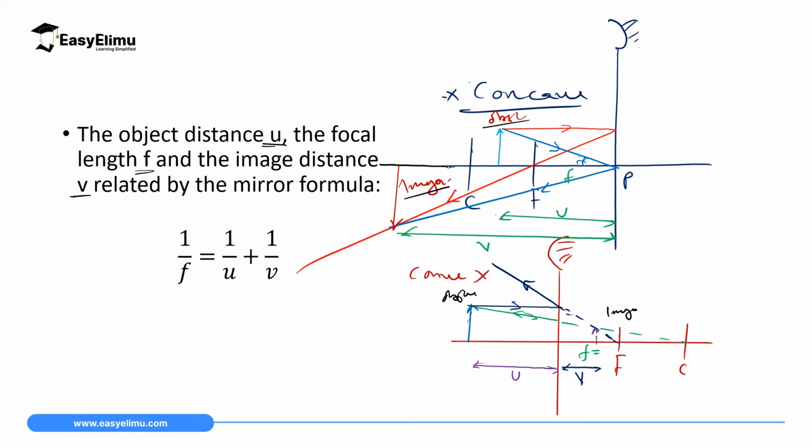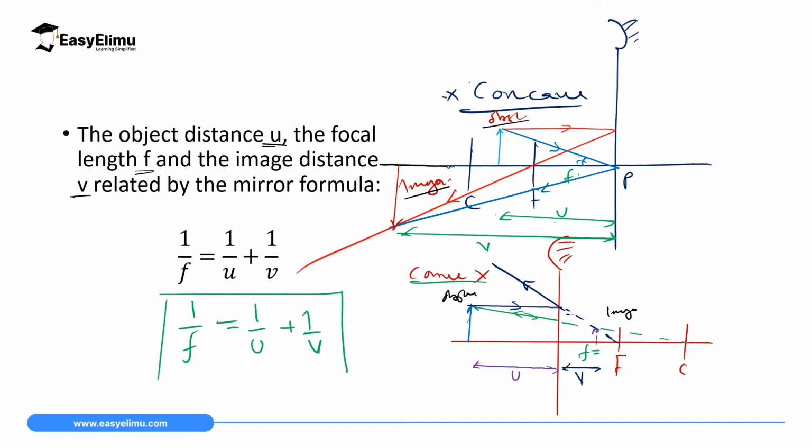So we can relate U, that is the object distance, the distance from the object to the mirror, and V, the distance from the image to the mirror, in either mirror, either concave or convex, as 1 over focal length is equal to 1 over object distance plus 1 over the image distance.